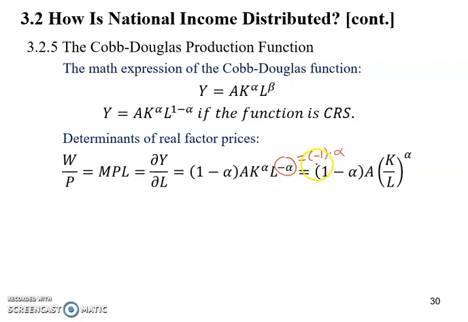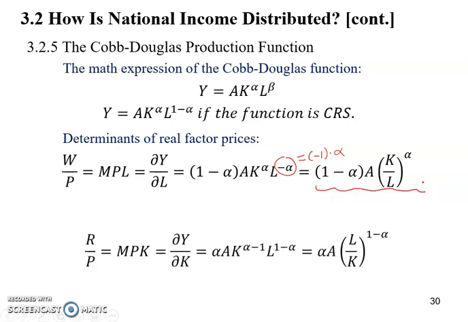So eventually we combine these two, because it's K to the power of alpha times 1 over L to the power of alpha. We combine these two and get K over L to the power of alpha. So this is the expression for real wage.